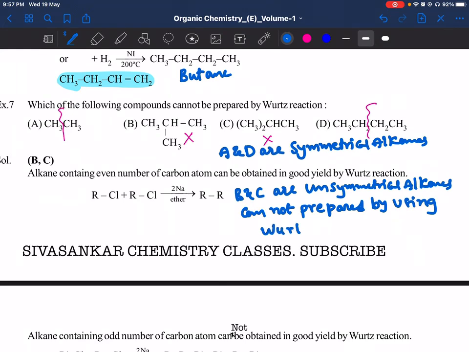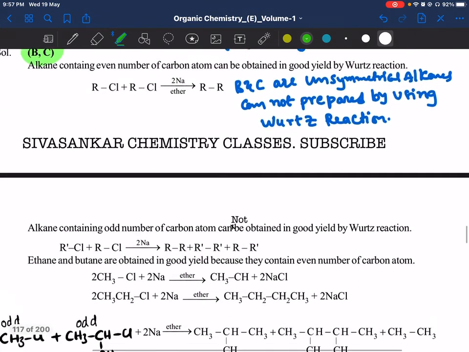It is not favorable to prepare unsymmetrical alkanes, so we can use Corey-House synthesis. So which cannot be prepared by Wurtz reaction? The answer is B and C.